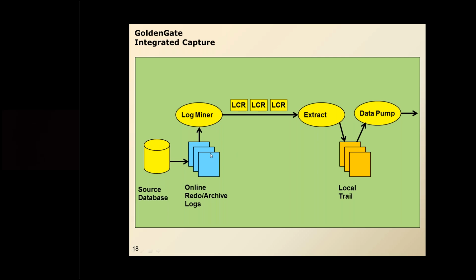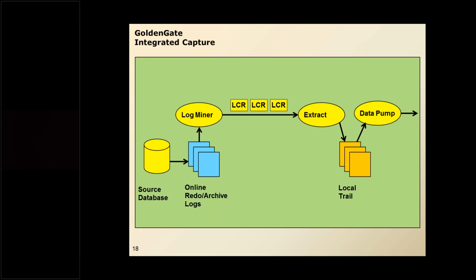Whatever changes are getting written to the redo log, the same changes are available in the log miner, and then log miner passes on the changes needed by the extract process in the form of LCRs. LCR stands for logical change records.